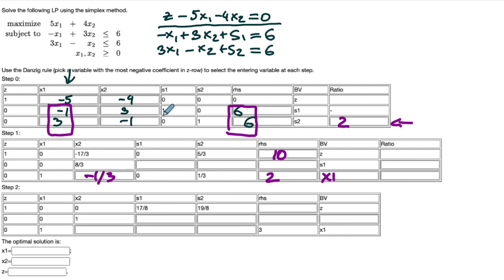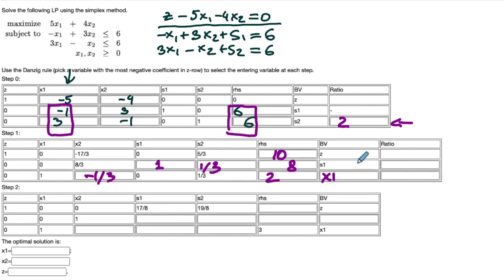Okay, so then 1 plus 0 is 1. Then we have 1/3 plus 0 is 1/3. And finally 6 plus 2 is 8. Okay, so this completes step 1 tableau. And next we are going to perform step 2.